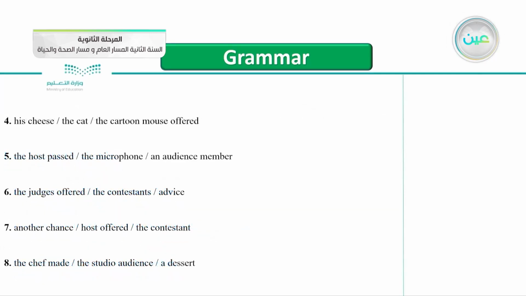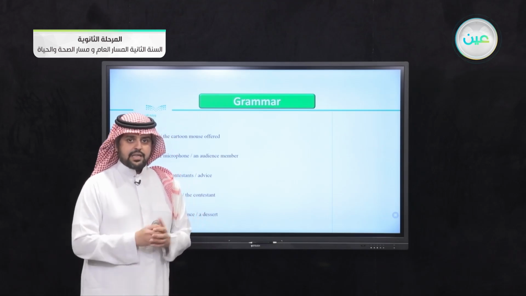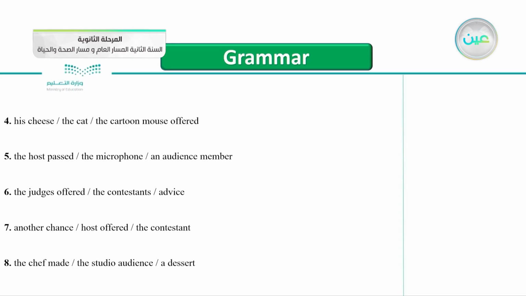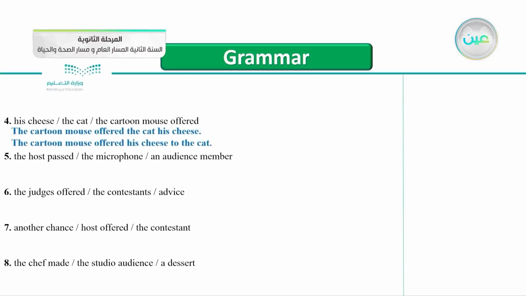Continuing here, number 4, his cheese, the cat, the cartoon mouse offered. Cartoon mouse. Oh no, we know. Now we have cat and mouse cartoon. We know what cartoon this is. So his cheese, the cat, the cartoon mouse offered. Yes, excellent. The cartoon mouse offered the cat his cheese.